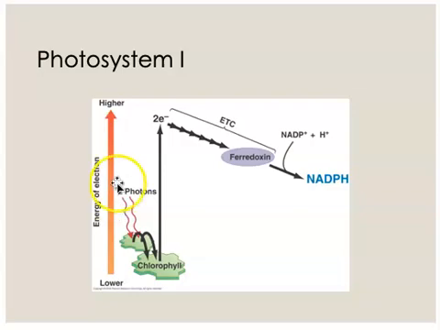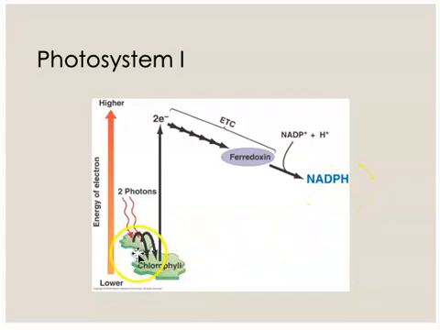What's important to remember is that the photons are hitting the chlorophyll in the antenna complex, and that the energy is then being transferred to the reaction center chlorophyll, which then transfers an electron into the electron transport chain. That electron gets passed down the electron transport chain to an acceptor molecule called ferredoxin. That ferredoxin then passes the electrons on again to NADP+, so it becomes NADPH.